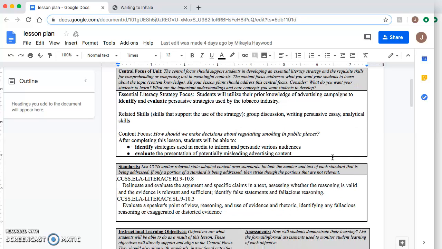we bolded the two words identify and evaluate because since this was about advertising, the goal was to get our students able to identify and evaluate the persuasive strategies that are used in the tobacco industry.